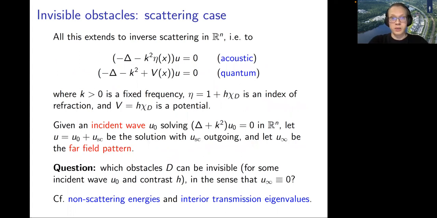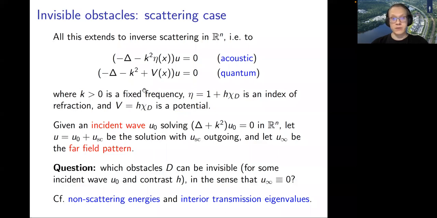We can also ask similar questions in the inverse scattering case. So now instead of a bounded domain in R^n, I'm looking at the equations in all of R^n, and the equations could be, for instance, minus Laplacian minus k squared eta of x applied to u equal to 0. This corresponds to acoustic scattering, or minus Laplacian minus k squared plus V applied to u equal to 0, which corresponds to quantum scattering.